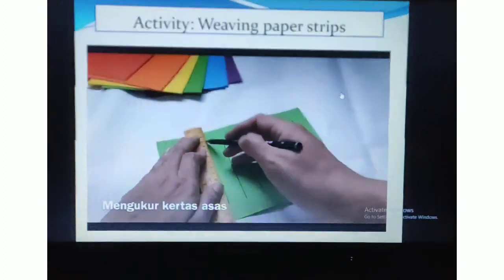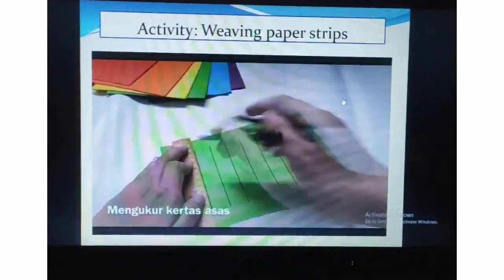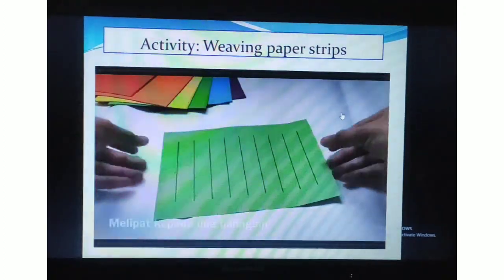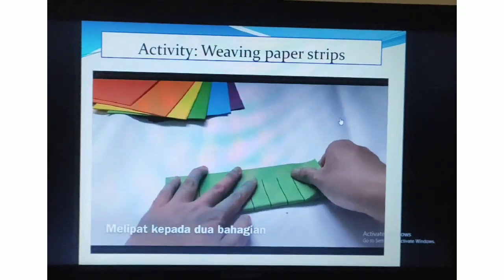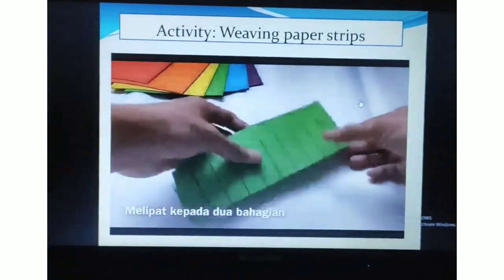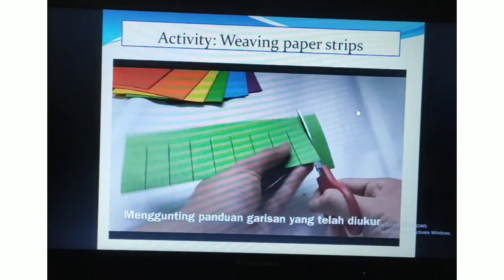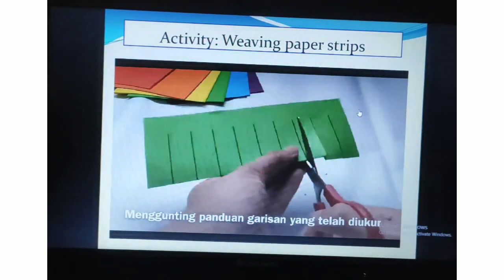See over here, one paper is there which is green color, and they are leaving 2 inches at both ends and drawing one line. Draw a straight line at a specific distance. Now they are folding it and cutting it up to that line.